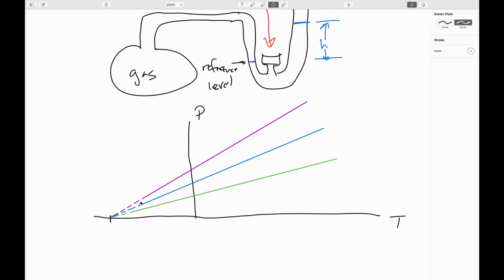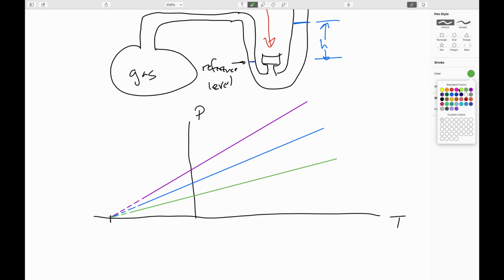And as you get the densities of gas lower and lower and lower, you can push this extrapolation closer to before it freezes or goes liquid. You can get closer and closer to this extrapolation point. So what this is showing us is that there is a lowest temperature. And this lowest temperature turns out to be negative 273.15 degrees C. And this gets called absolute zero.